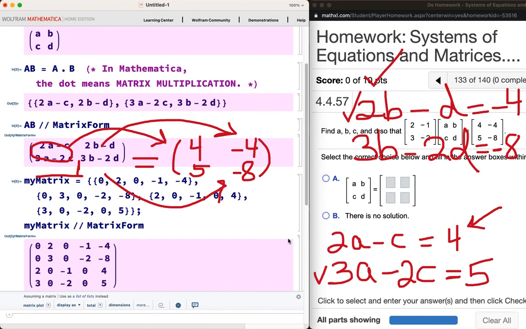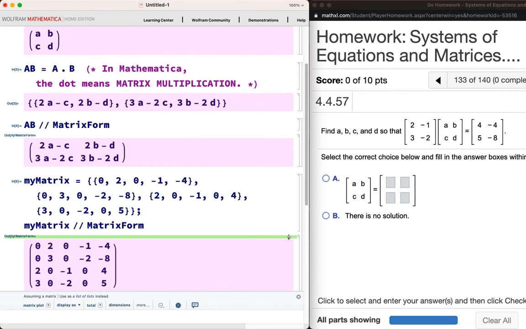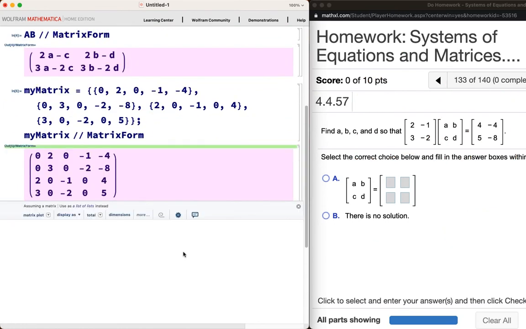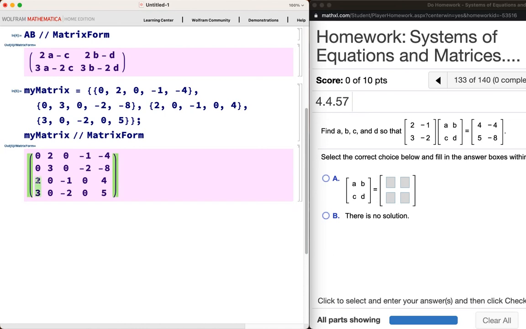Okay, let me erase this stuff over here. Okay, so the whole process of Gaussian elimination. So this column here has to be transformed. Actually, what I really want is this.